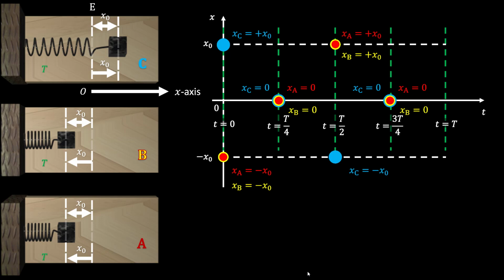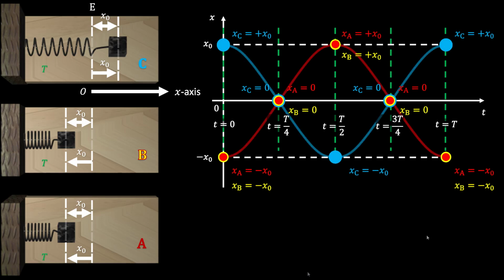Finally, at t equals capital T, or t equals 1 time period, xA is equal to minus x naught, xB is equal to minus x naught, and xC is equal to plus x naught. At this instant, we have completed one full oscillation.